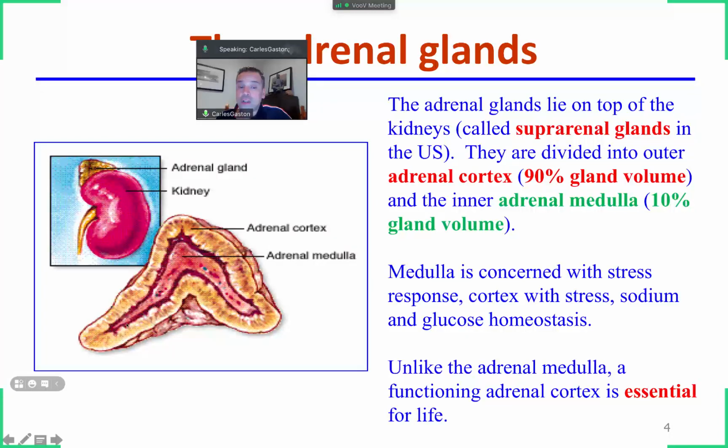The adrenal cortex, unlike the adrenal medulla, is essential for life. So if there is no adrenal cortex production of steroid hormones, then it leads to death. So it's very important for the homeostasis of the body to produce these adrenal cortex hormones.